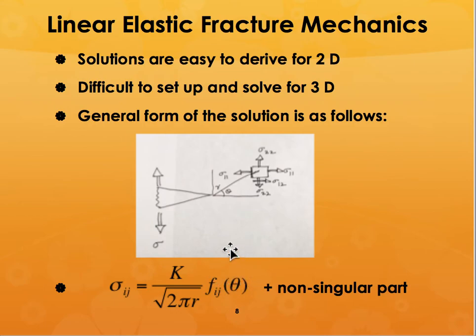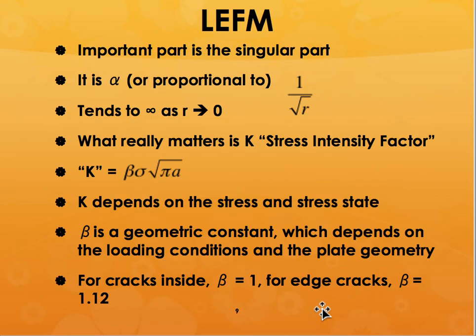So you can say that it is fij(θ), a function of theta, plus there is a non-singular part also. So this is the general form of the solution derived by linear elastic fracture mechanics.